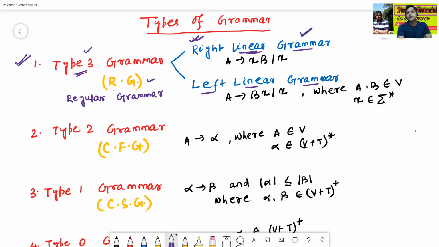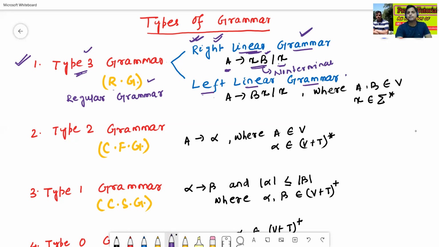Right linear grammar: if the grammar is in the form A to xB slash x, then it is called right linear grammar. Since it is right linear, the rightmost element is non-terminal.